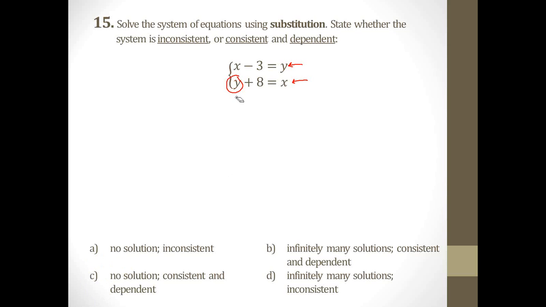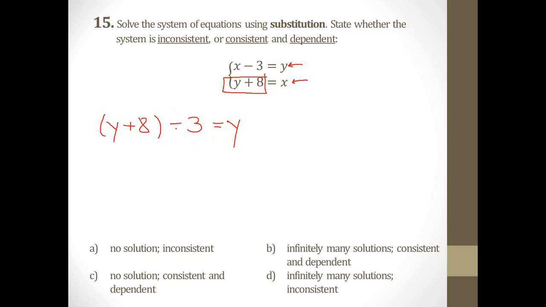So I'm going to pick the second equation, to plug all this in for X in the first one. So Y plus 8, and then continue with the equation, minus 3 equals Y. Okay, solving for Y. Using distributive, no, we don't really have anything to distribute here.